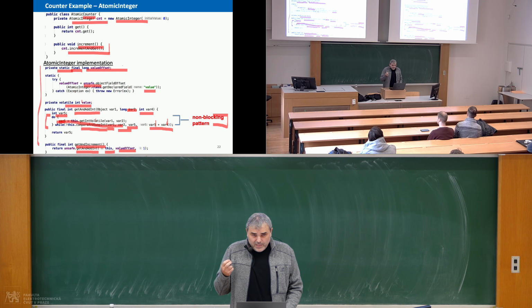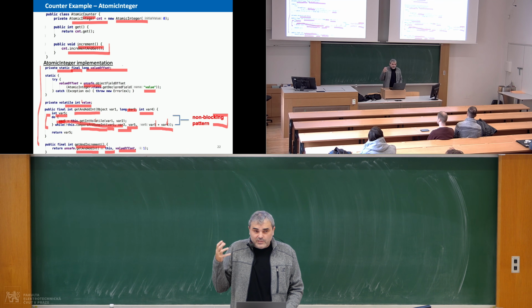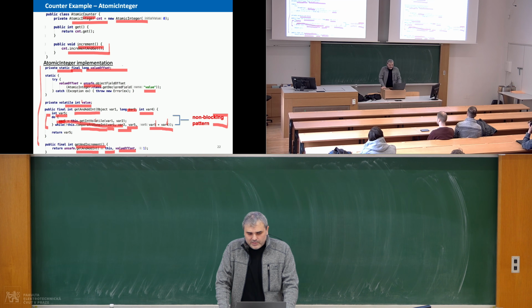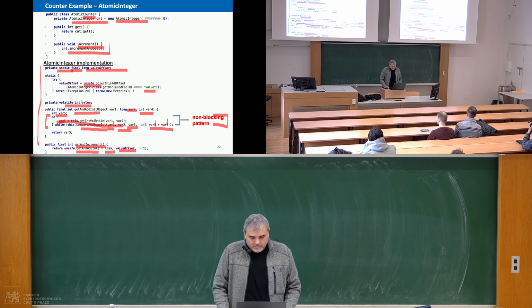And that's the basic non-blocking pattern. We are expecting that something is true, and if not, let's repeat the whole cycle. If it is still what we are expecting, then it passes and we are done.